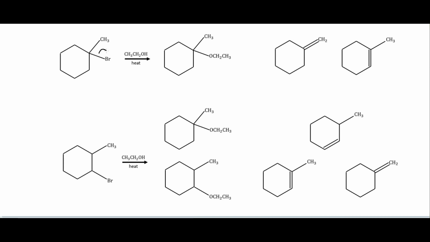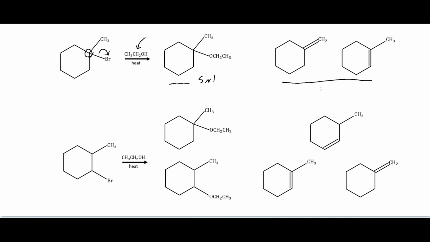tertiary carbon. So when that leaves, that tertiary carbon here is actually going to be the most stable. So what we will see are these two elimination products here and this SN1 product here. So if this ethanol actually binds to the carbocation, then we'll see this SN1 product right here.